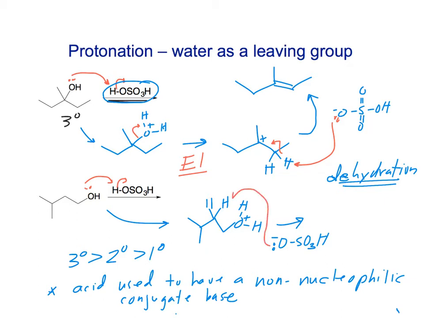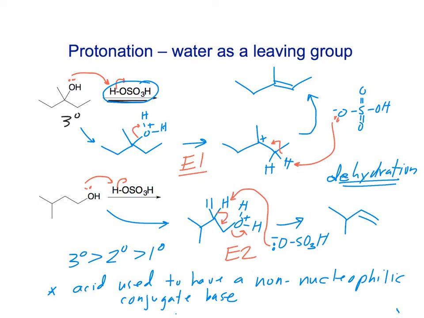This is going to come here, pull off this beta proton, form the pi bond, and water comes off to form this double bond here. And so this is obviously all in one step. This is an E2 mechanism.